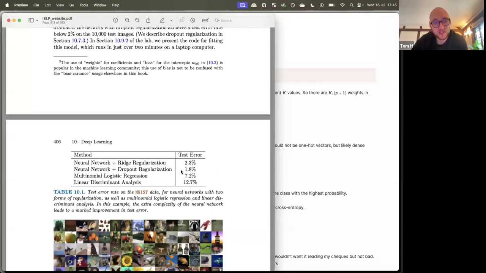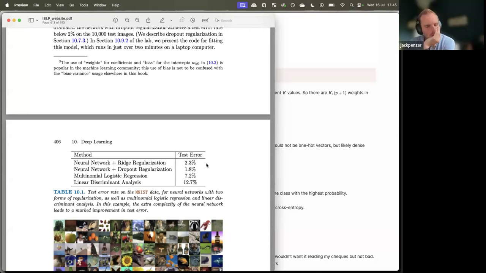Yeah, but we could see that even relatively straightforward networks with some regularization, which we'll discuss next week, get really good error, 1.8% test error or 2.3% test error on these handwritten digits. Is there a sense also that the absolute difference in the test error isn't so high, but the multinomial logistic regression is making 4 times, my maths might be bad there, but 4 times the error rate of the neural networks as you get closer to 1% error and then 0.5% error and stuff.